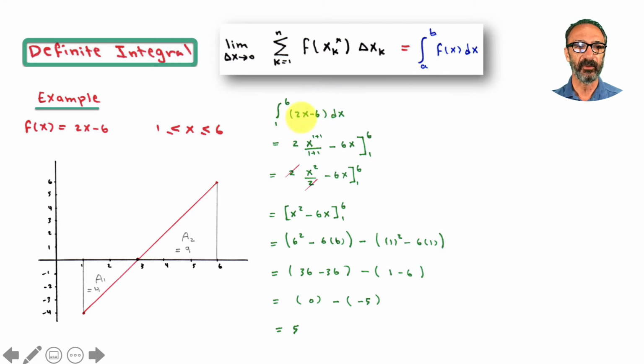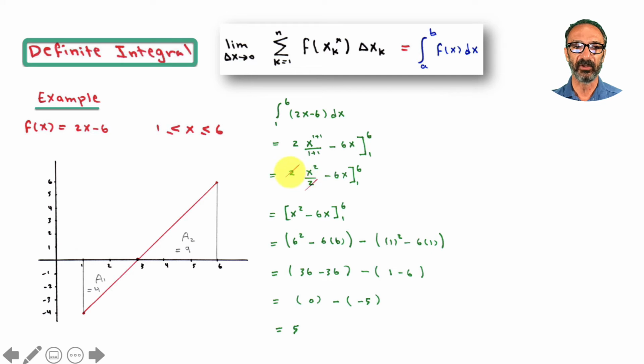So if you want to integrate 2x minus 6, that's this right here, from 1 to 6, you raise the exponent by 1 and divide by the new exponent. Minus 6 becomes minus 6x. If you want to test it backwards after you simplify, 6x will give you 6 as a derivative.